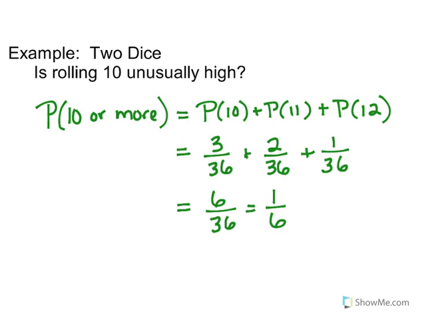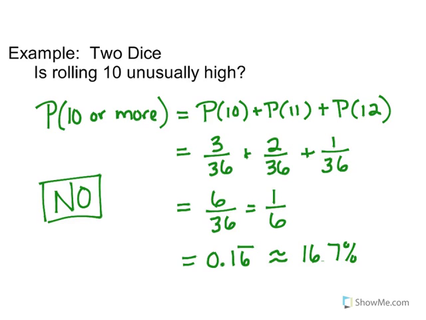As a decimal, that is 0.16 repeating, which is approximately 16.7%. So the answer is no. It is not an unusually high roll to get if you get a 10, because this exceeds that 5% rule that we had in the previous slide.